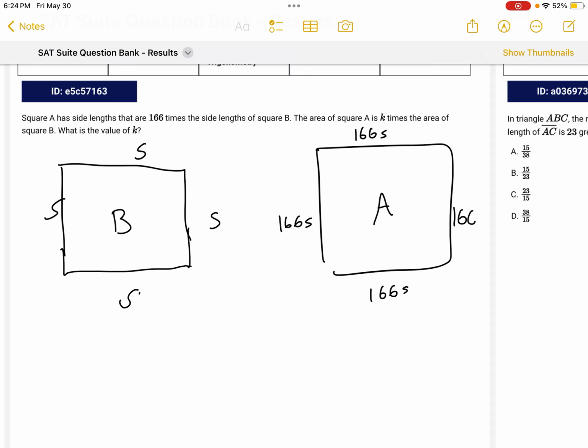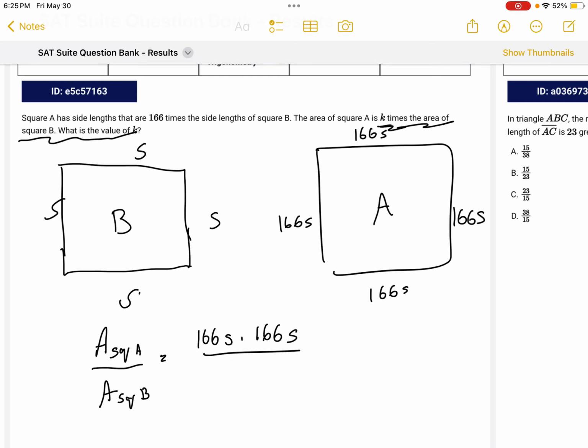And they tell us the ratio. They want us to find the ratio, rather, of the areas of the two squares. So they want us to find the area of square A over the area of square B. We can find that very easily. It's just 166s times 166s over the area of square B, which is just s times s.